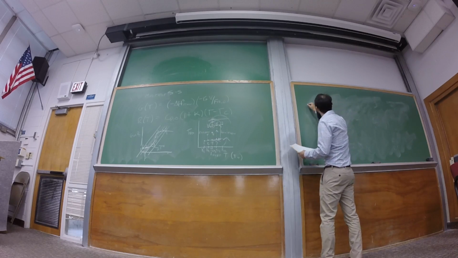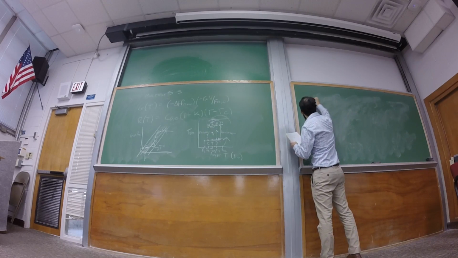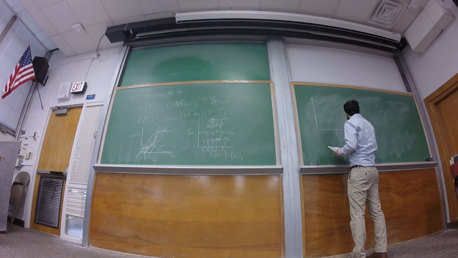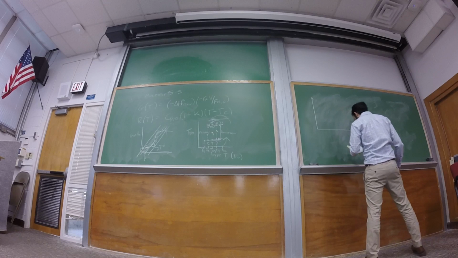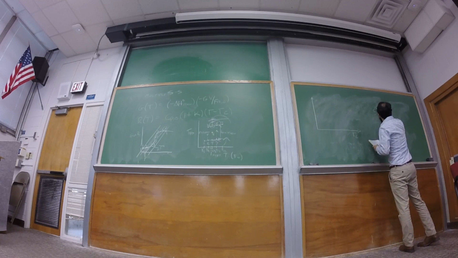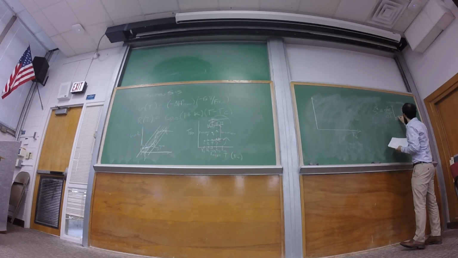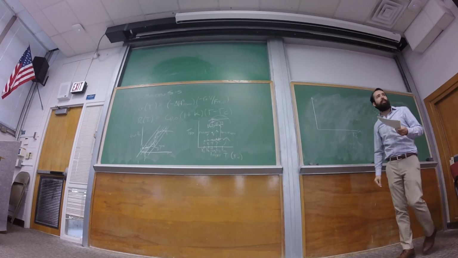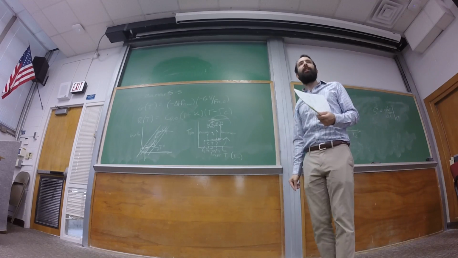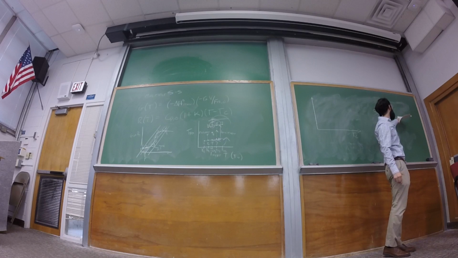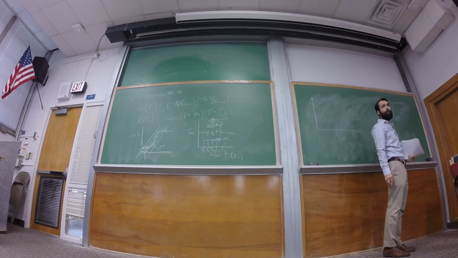So the other thing that we had up on the board was, we defined this little S function, which was equal to the slope of G versus T at the tangent point.